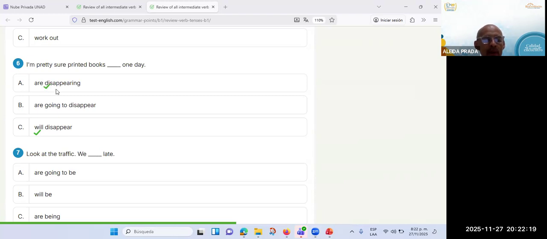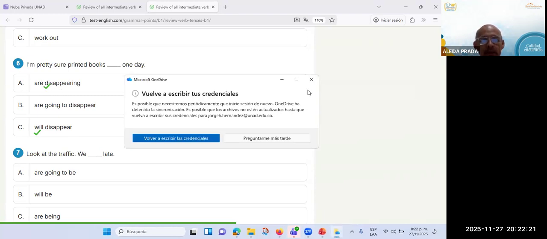We have present progressive, are disappearing, or we have another kind of future, are going to disappear, no? Are going to and will, both of them are future, no? Going to is some kind of near future, futuro cercano, el going to, and will, it's farther future, es un futuro lejano, no? But both of them, going to and will, are future.